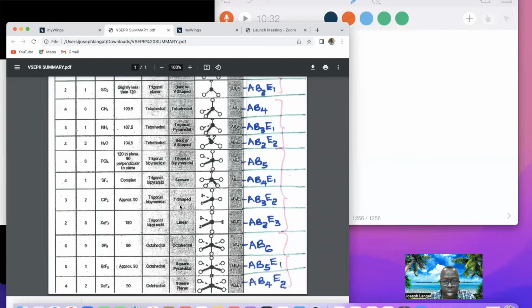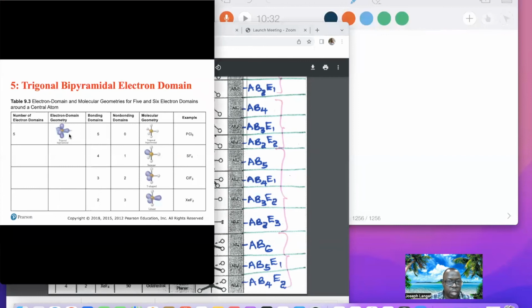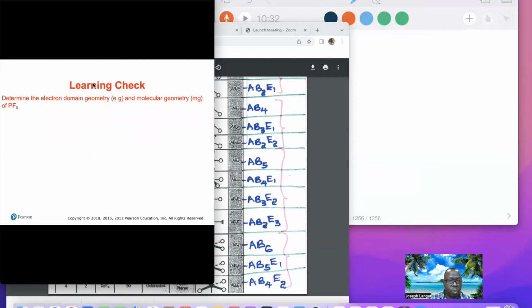But if it was AX4E1, the shape is seesaw, but the electron domain geometry is trigonal bipyramidal. For this question, the electron domain geometry is trigonal bipyramidal, and the molecular shape is trigonal bipyramidal.